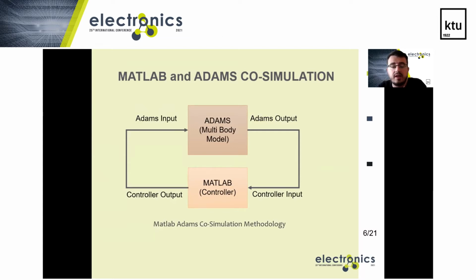We think of Adams as representing the system and MATLAB as representing the controller unit. Likewise, the controller output is the input of the Adams model. This is the basic methodology for MATLAB Adams co-simulation.